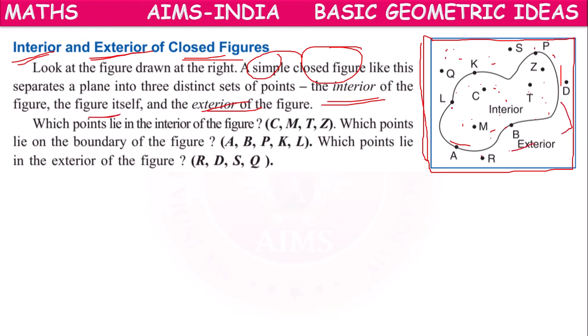The figure itself, the curved line with which we have drawn the figure, is one part. So the simple closed figure divides the plane into three parts: the interior part, the figure itself, and the exterior part.